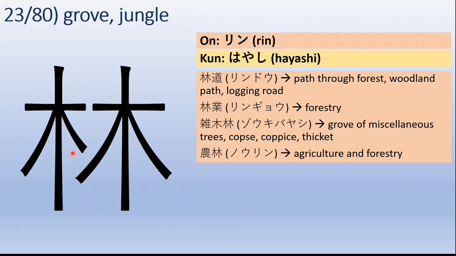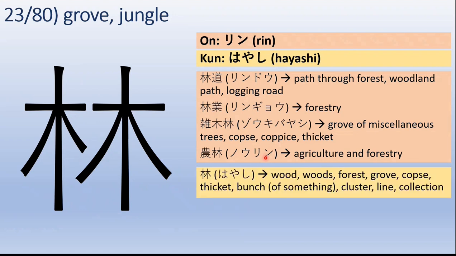Then we have shinsin. We have norin here. Norin means agriculture and forestry. In Kun'yomi, we have hayashi, which means woods, forest, grove, thicket, bunch of something, clustered line or collection.